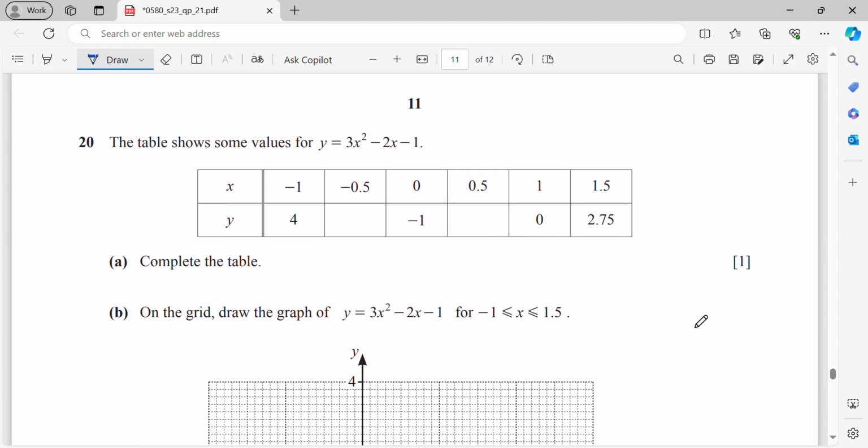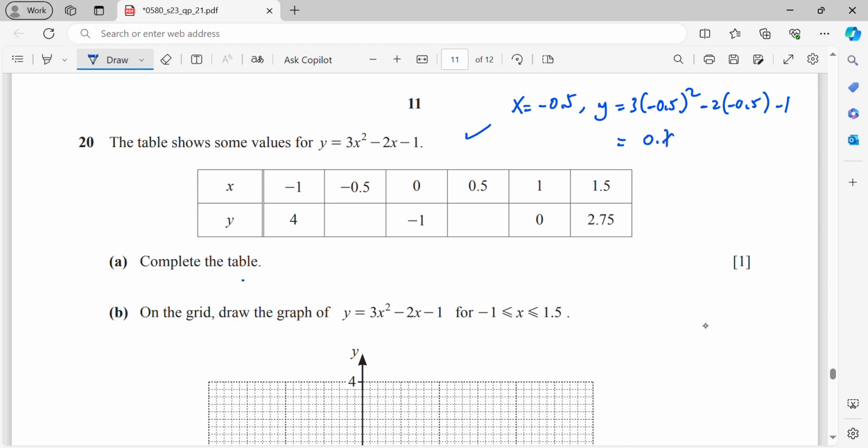For question 20, the table shows some values of y equals 3x squared minus 2x minus 1. Complete the table. So now calculate the y value when x is negative 0.5. So my y is 3 times negative 0.5 squared minus 2 times negative 0.5, then minus 1. This is going to be 0.75.